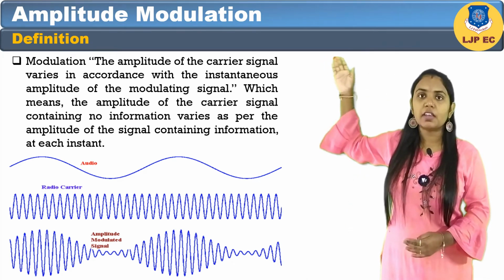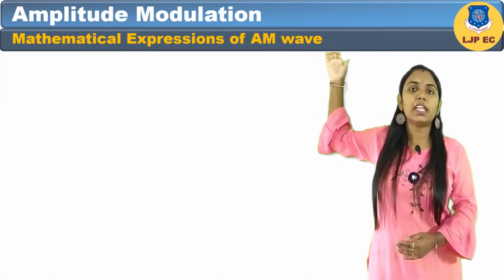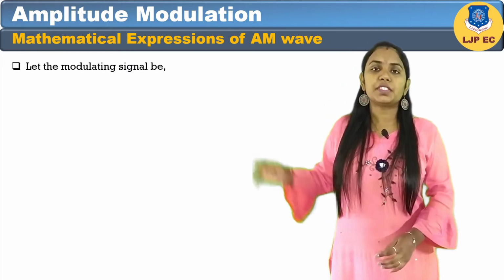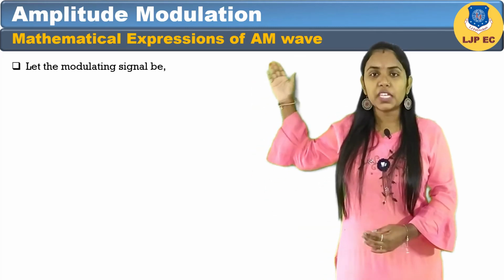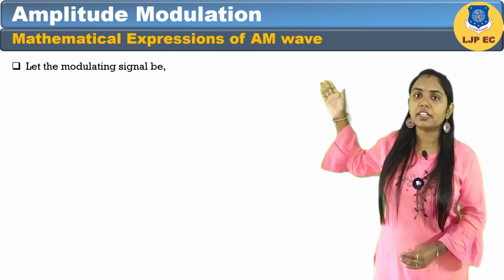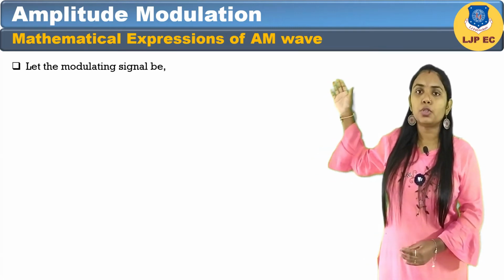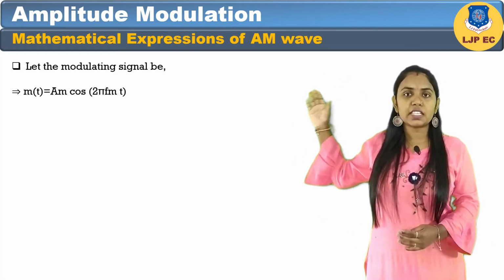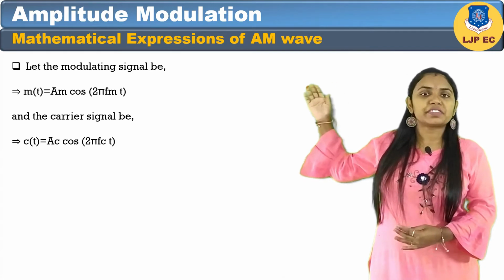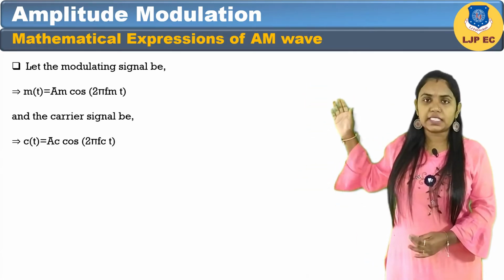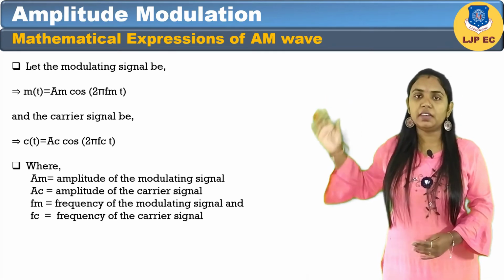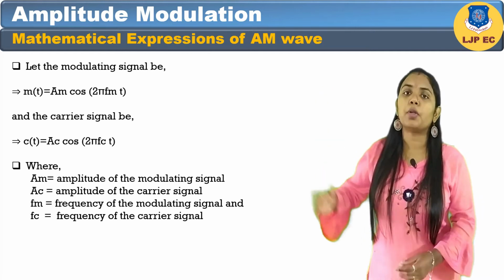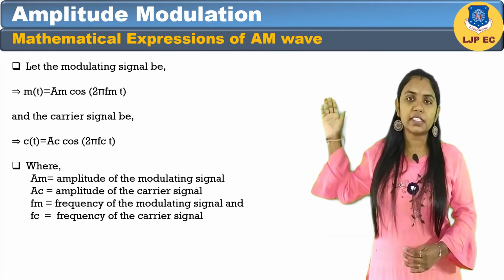Now the next is the mathematical expression of an AM wave. Following are the mathematical expressions for this wave. Time domain representation of the AM wave. Let the modulating signal be m(t) = Am cos 2π fm t, and the carrier signal be c(t) = Ac cos 2π fc t, where Am and Ac are the amplitudes of the modulating signal and the carrier signal respectively, fm and fc are the frequencies of the modulating signal and the carrier signal respectively.